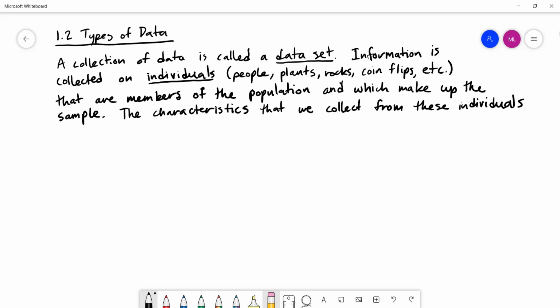So the characteristics are called variables.